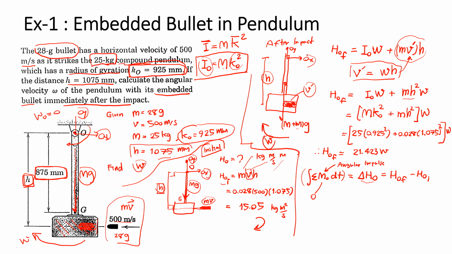We have only forces that pass through point O. The moment is always zero before the pendulum changes the angle. We cannot see the effect of mg creating a moment about point O. So it means in this case, the angular impulse is equal to zero.